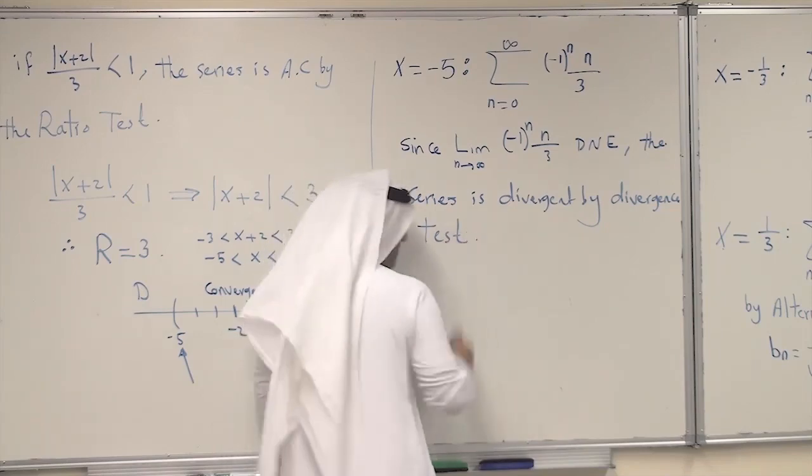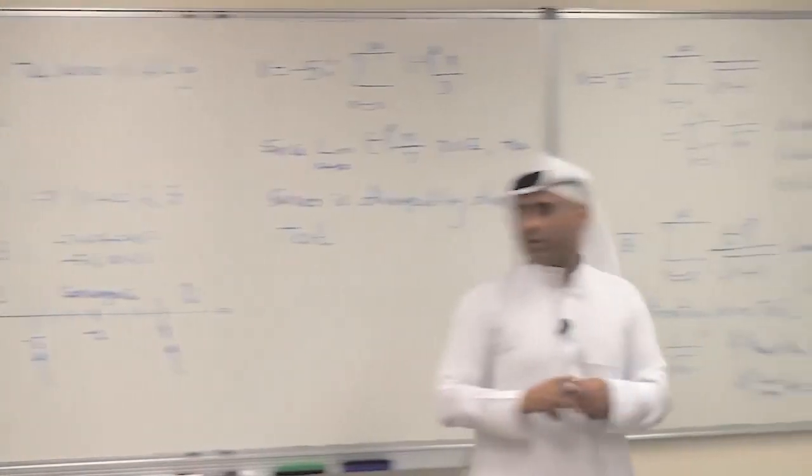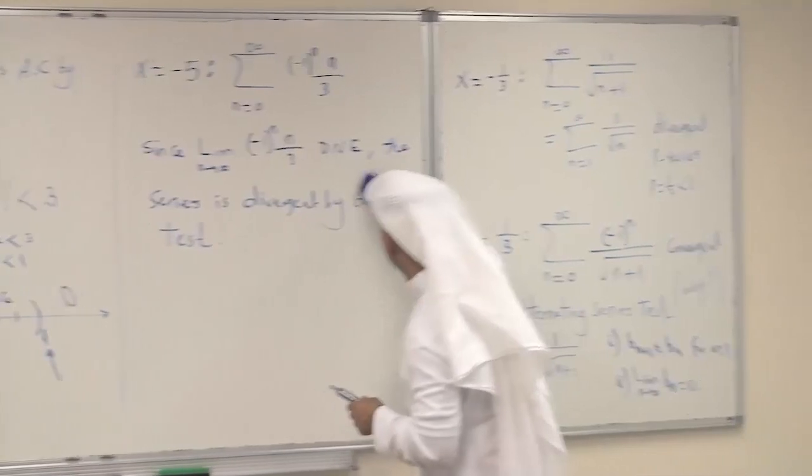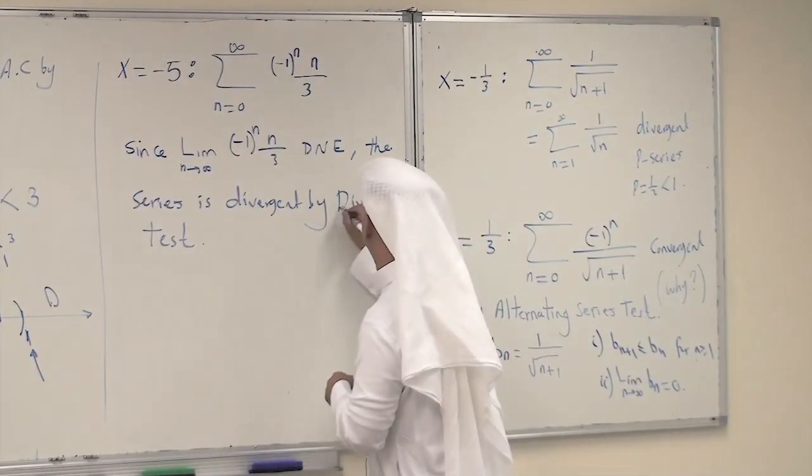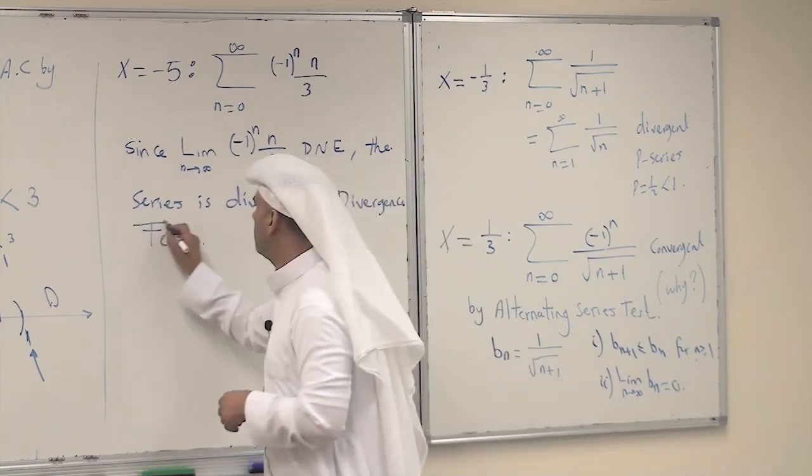Okay, the Divergence Test says the series is divergent. Since we are talking about a specific test, let us give it a capital letter here. So it is divergent by the Divergence Test.